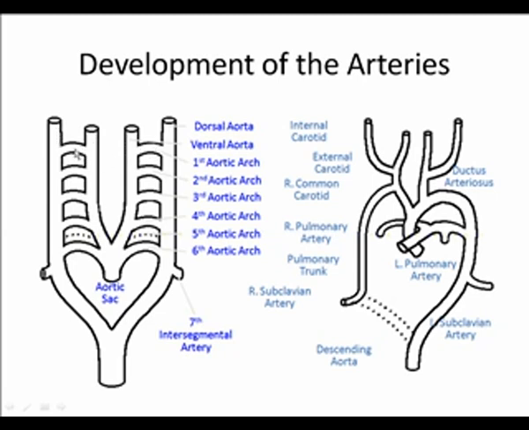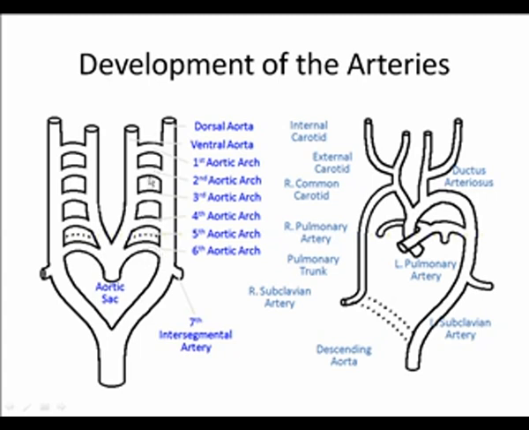And the point is that there are aortic arches that are going to connect the outflow region of the heart with the developing dorsal aorta. These aortic arches are numbered 1, 2, 3, 4. The fifth one never really appears, that's why we show it in a dotted line, and then a sixth aortic arch.